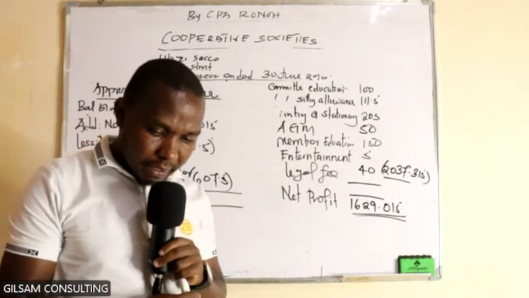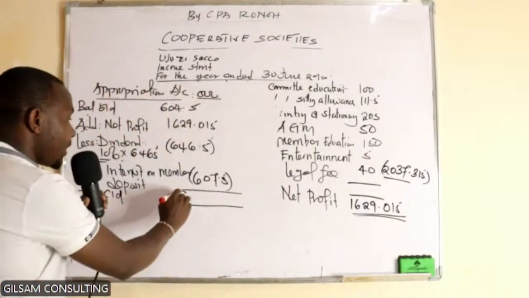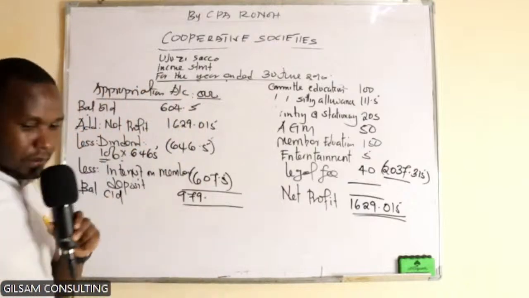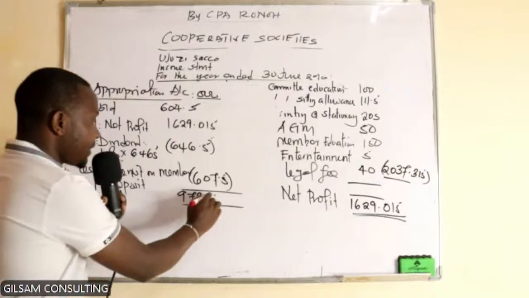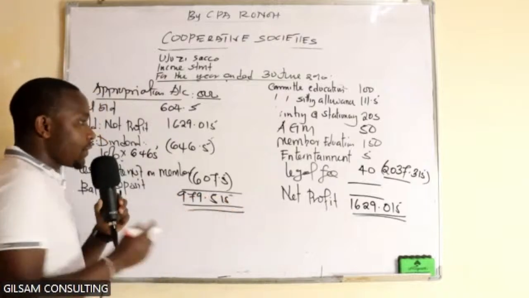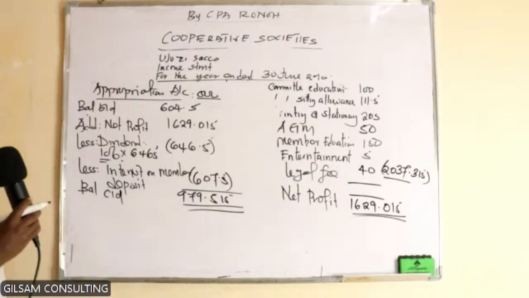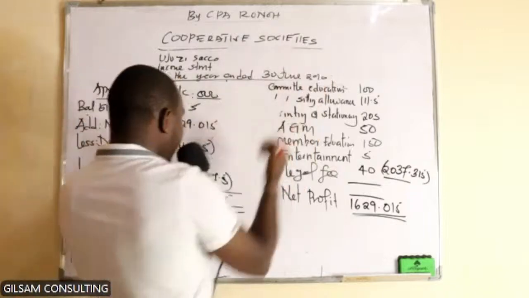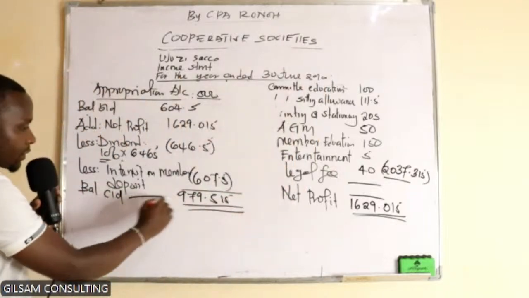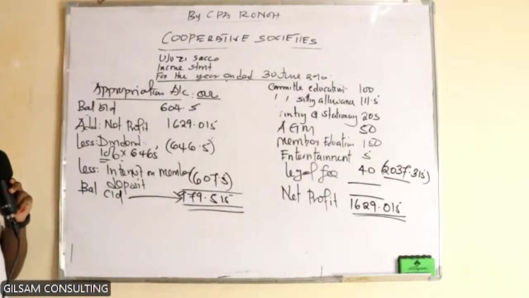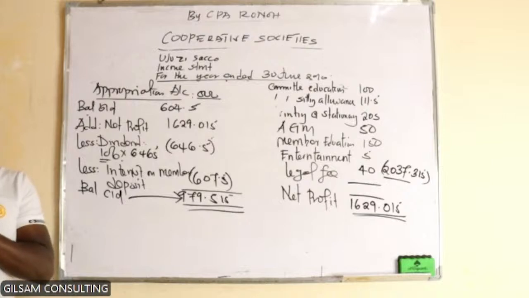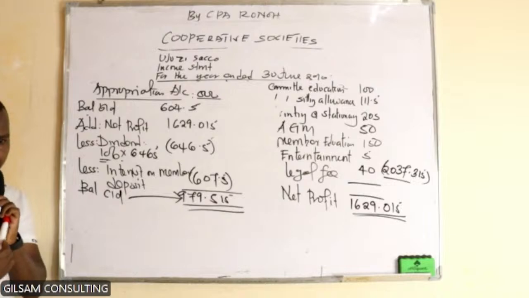I'm getting 979.515. So this one I will take to the balance sheet. Make sure that you write that 979.515. That is our balance carried forward.